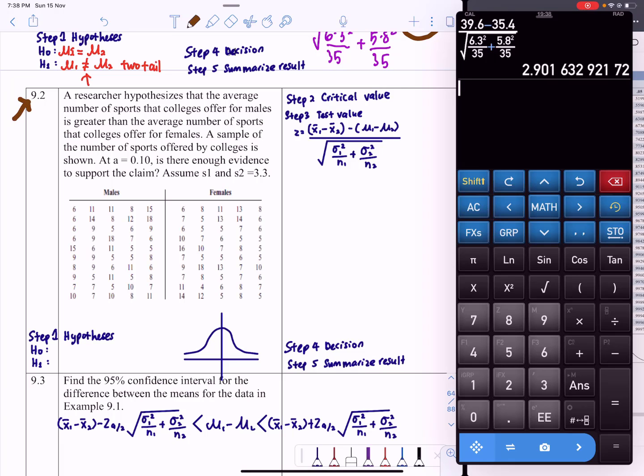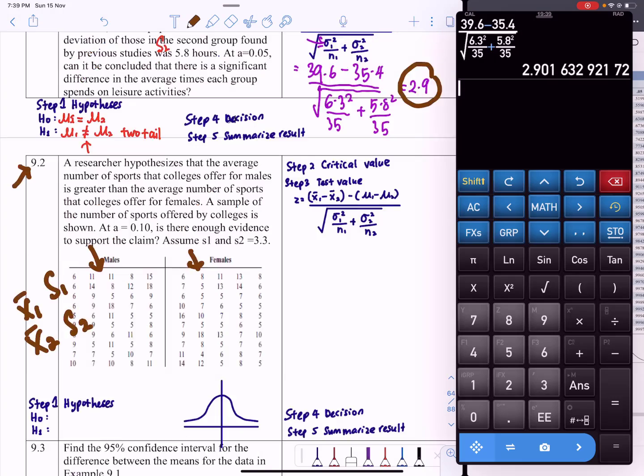9.2 it will become more difficult. Why? Because you need to find mean 1 and also mean 2 based on the raw data they give to you. Okay, you need to find the mean and also the standard deviation for both of the male and female.